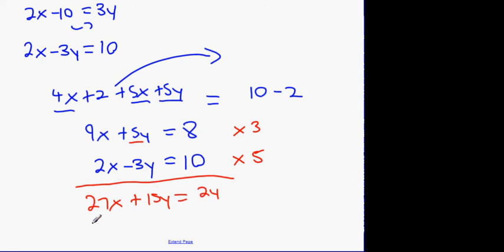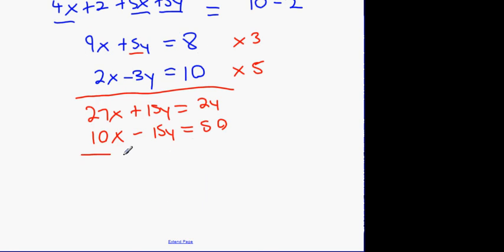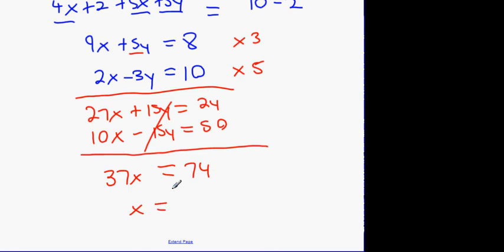Right, 5 by 2, 10x, 5 by minus 3, minus 15y, and then 5 by 10, 50, okay? Quite easy. And then 37x, when you add it downwards, no y's, equals 74. And x equals 74 divided by 37, which is 2. Okay, x equals 2.